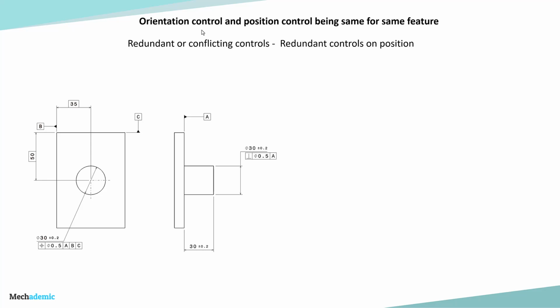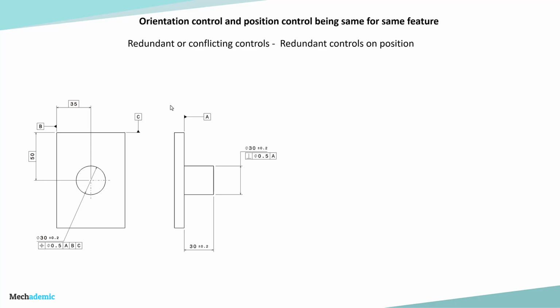Orientation is a refinement of position, and hence if we are refining the orientation of a feature with respect to a specific datum, then the value of the geometrical tolerance should be lesser than what it has been controlled for position. If we use the same perpendicularity and position for the same feature, then it is called redundant controls or conflicting controls. So we should avoid redundant controls on position.